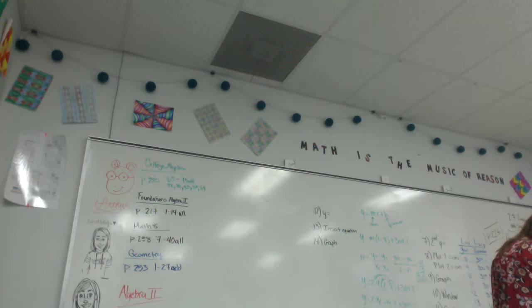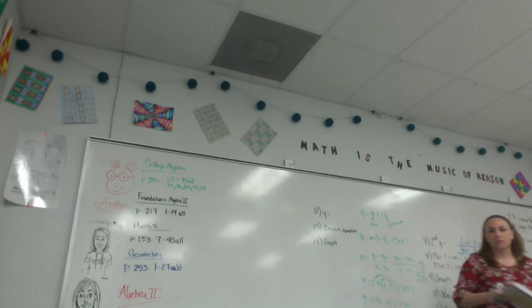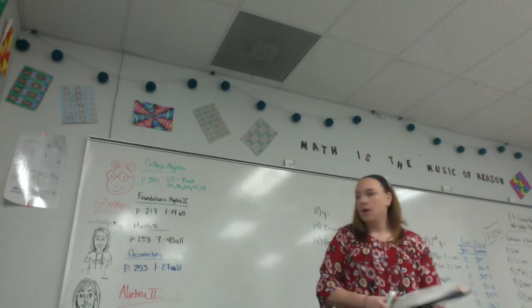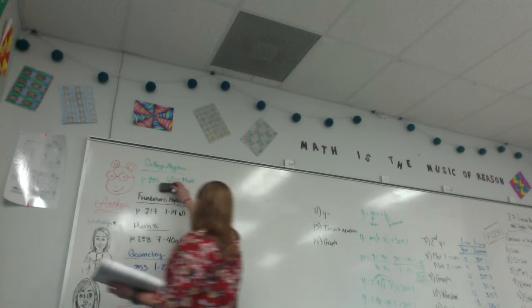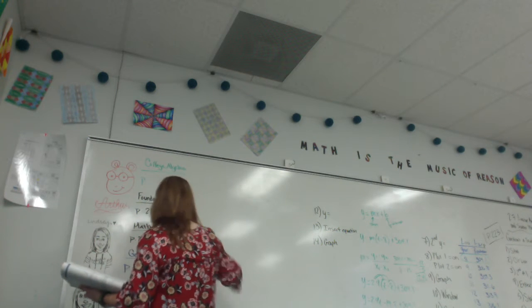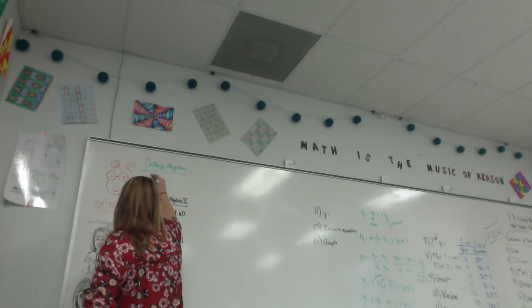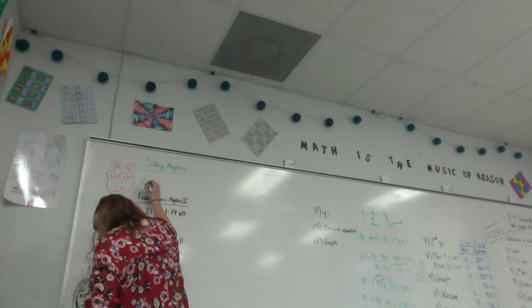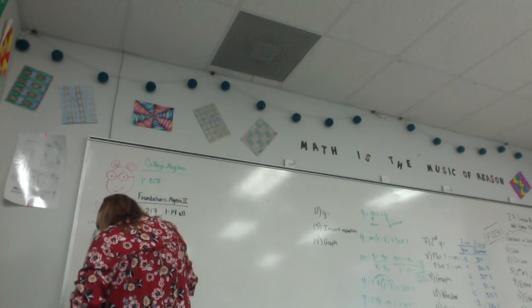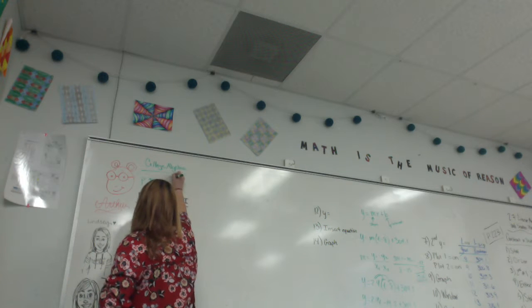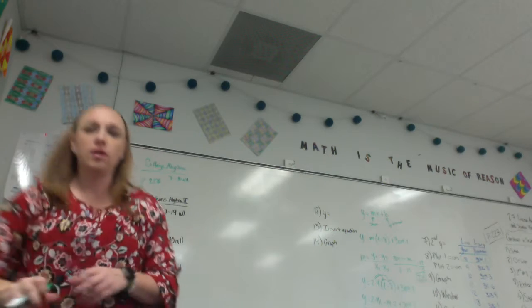Okay, here we go. Here's your homework. Page 228. You're going to do 7 through 10 all, which is telling me if they have positive, negative, or no correlation.